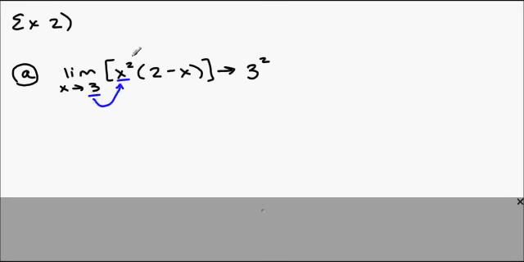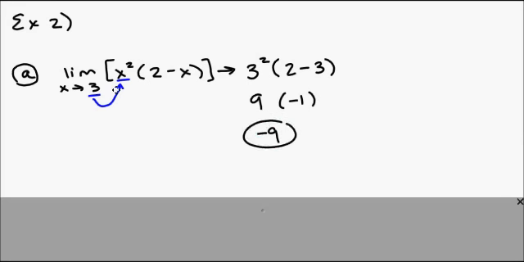Put a 3 in x's place. Times 2 minus 3. And this is 9 times negative 1, which is negative 9. The limit of this function, as x tends to 3, is negative 9.